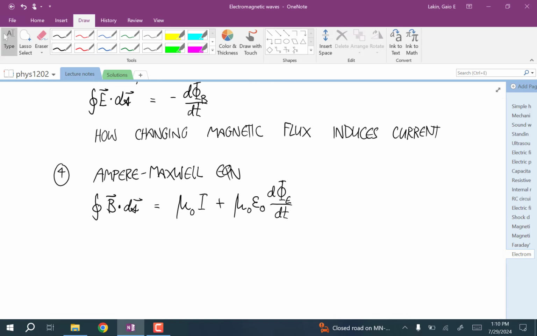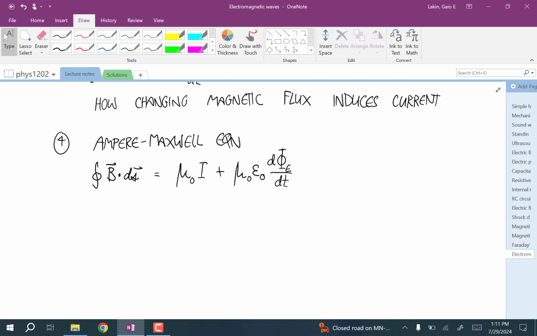Okay, so what Maxwell added was this idea of a displacement current. That's what is used in the second term on the right side.